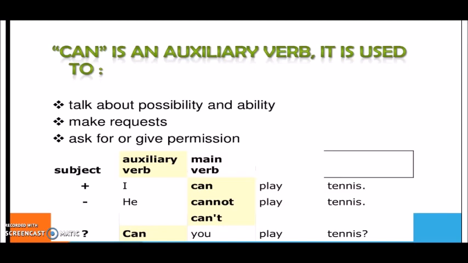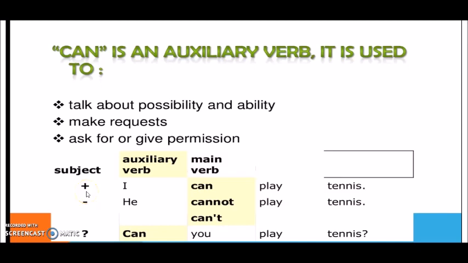So we usually see this verb very frequently in sentences. It is used also in some polite expressions. And I have for you the structure.